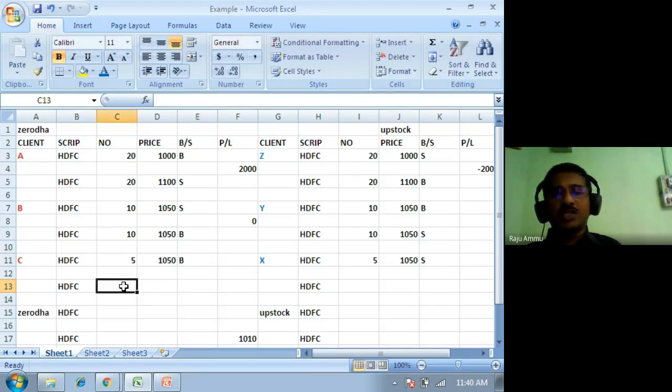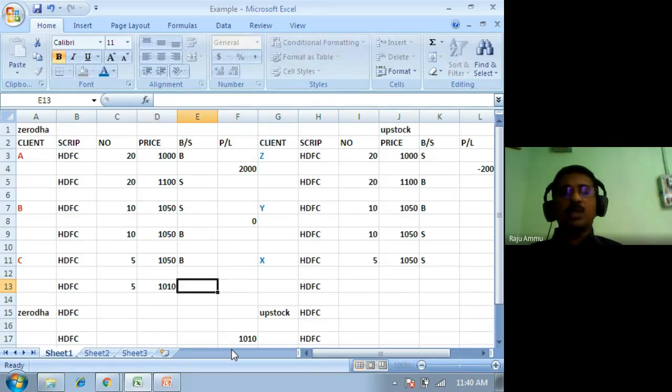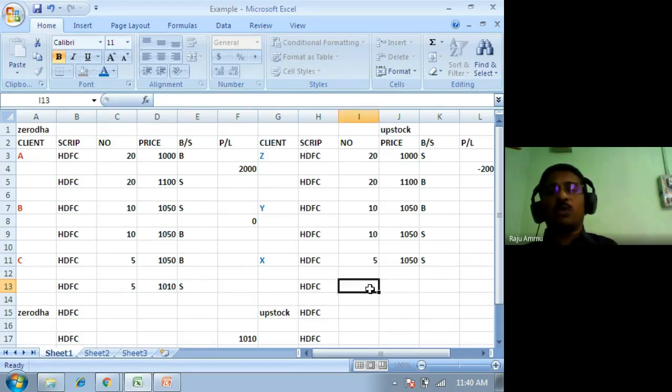Squaring off the position in the sense that 5 shares are open, and the closing price is 1010. So the sell will be done at 1010 to square off the position, because it is already a buy here. So a sell has to be done. The automatic system will be squaring off your position.